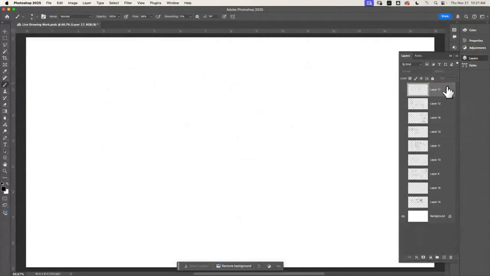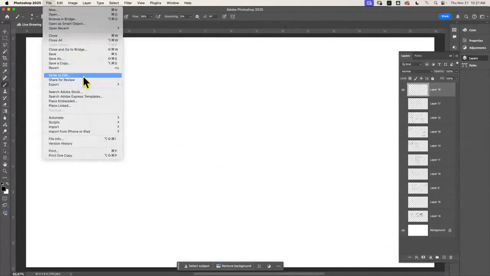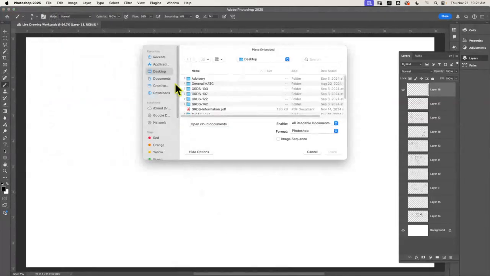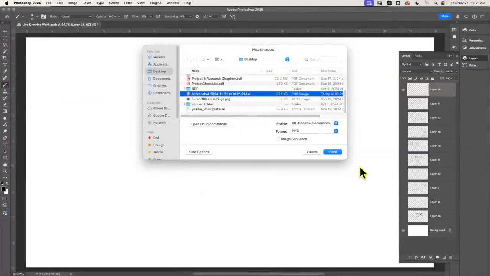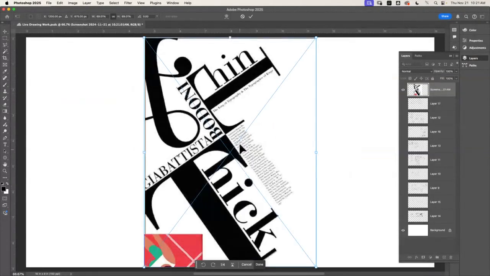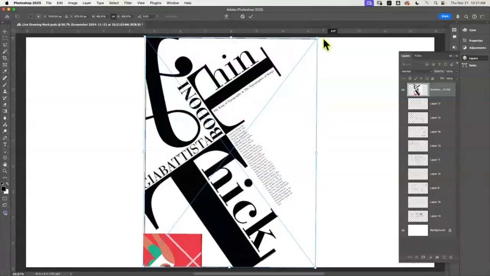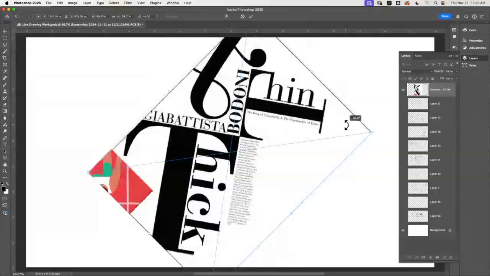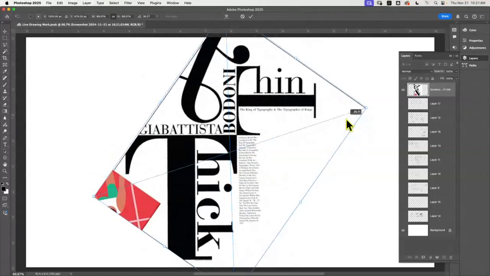Layers, let's pop up a layer, file, place embed. Now I go to my desktop, place. All right, so this is our piece. I'm just going to grab the corner and hold down Shift, so it turns it 45. Oh, not quite. Maybe it wasn't exactly 45.